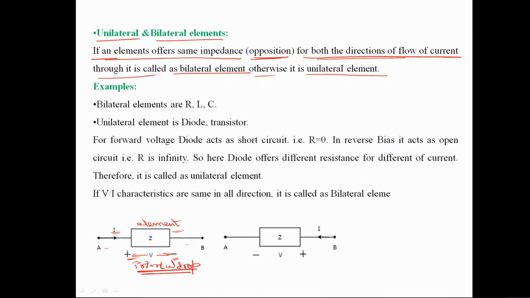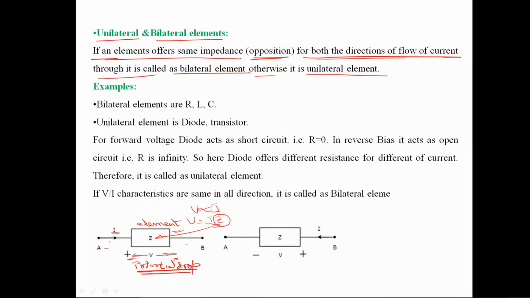And as per Ohm's law, V is proportional to I, and V is equal to I into Z, where Z is the impedance of the circuit, which opposes the current.